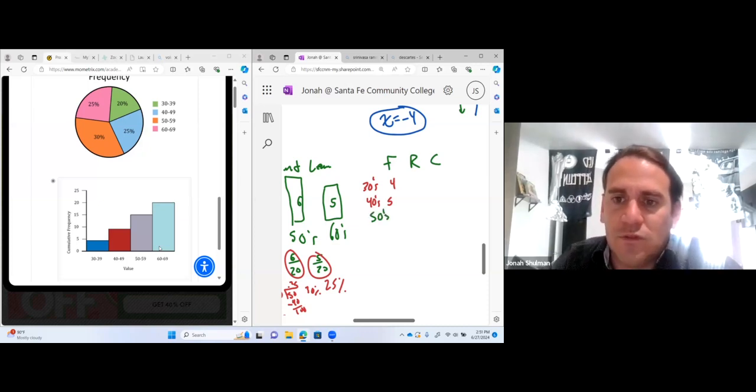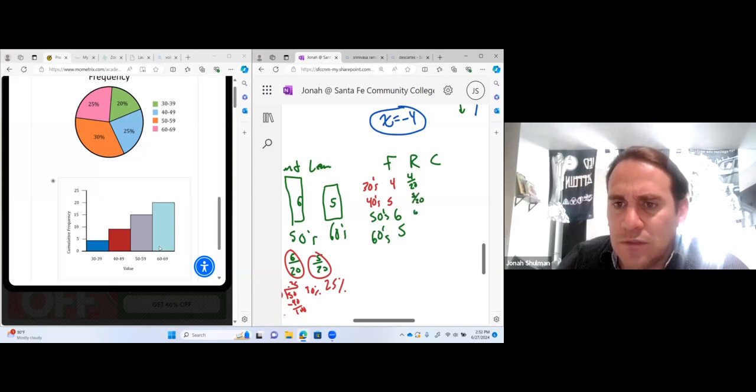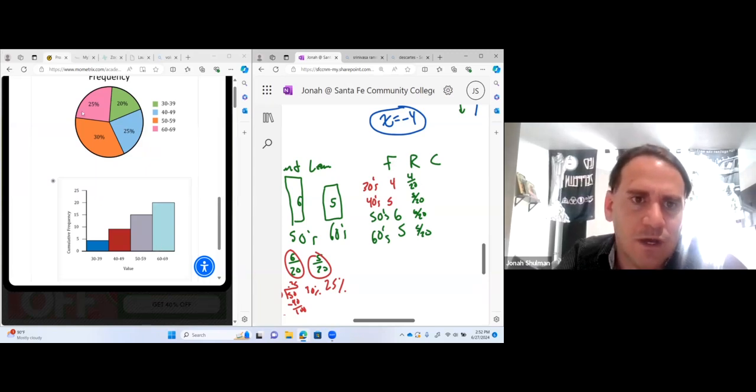The 50s, we have 6, and the 60s, we have 5. So relative, we just divide it. 4 out of 20, 5 out of 20, 6 out of 20, 5 out of 20. That's how we got these percentages for this one: 20, 25, 25, and 30, which is fine.